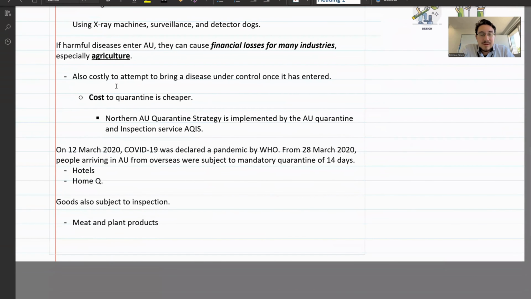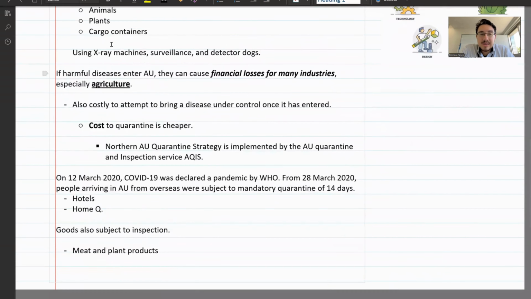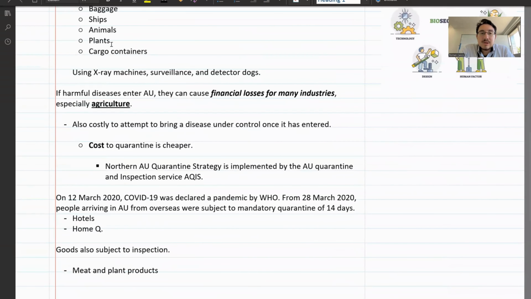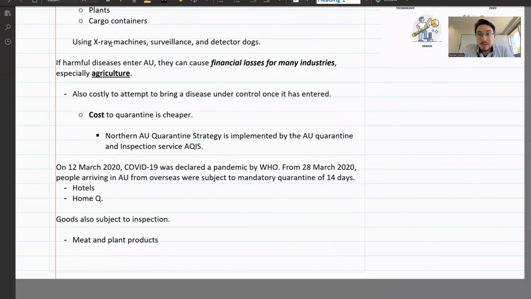So finance is very, very important, especially in agriculture. And that whole idea of trying to maintain surveillance also requires income, right? It's also costly to attempt to bring disease under control once it has entered. So prevention is very, very important, right?